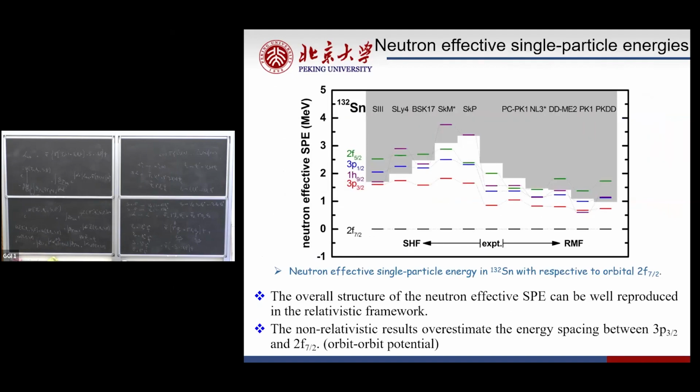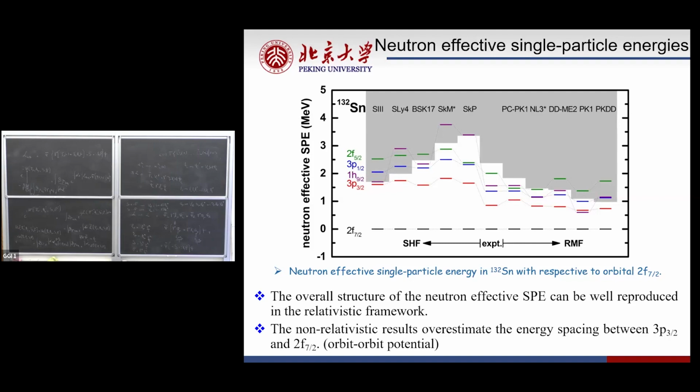If we plot again the same kind of spectrum as for lead-208, but the different thing is that we plot the neutron single particle levels for tin-132, you will find the experimental values, this side is the relativistic approach, and this side is the Skyrme density functional.